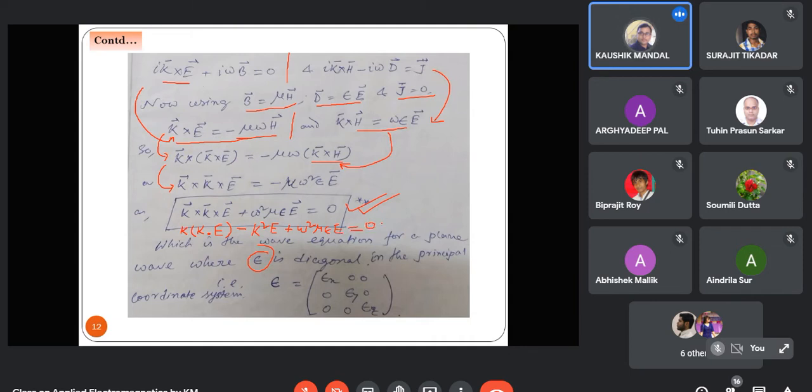So this is another form of the wave equation in the case of anisotropic materials.